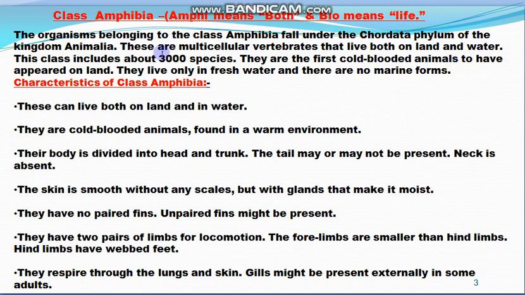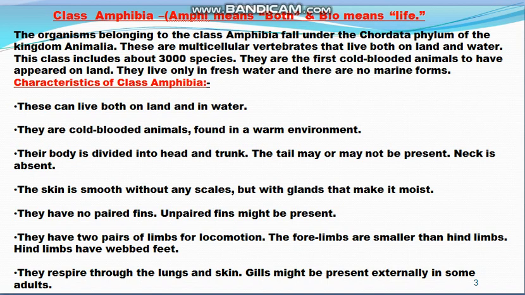Now you know that these can live both on land as well as in water, and they are cold-blooded animals, and they are found in warm environments. The body of amphibians is divided into head and trunk, and in some cases a tail is present, and in some cases the tail is absent.